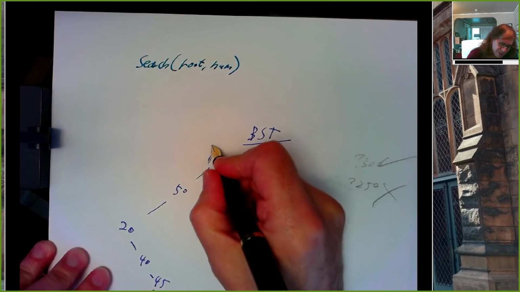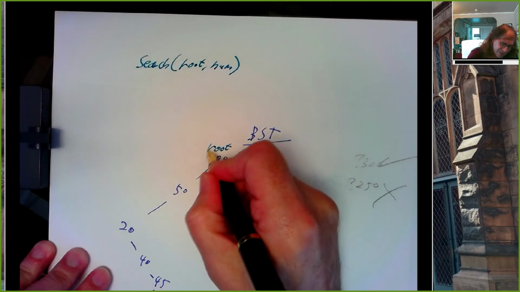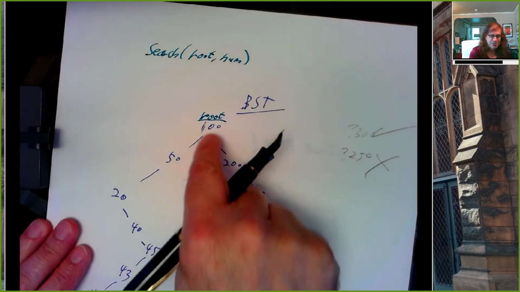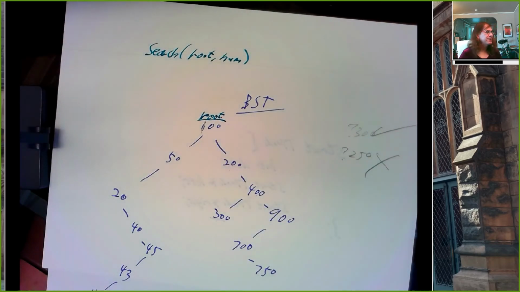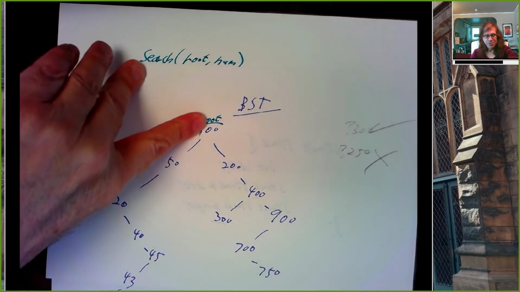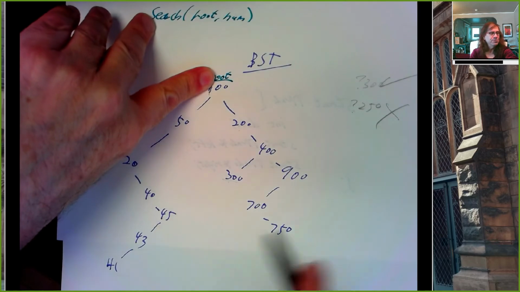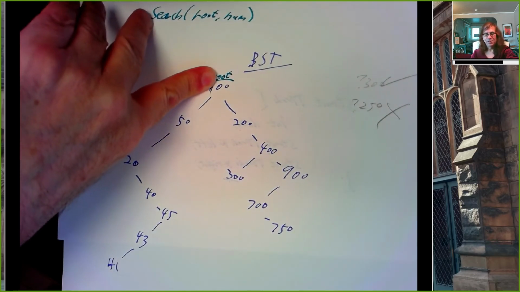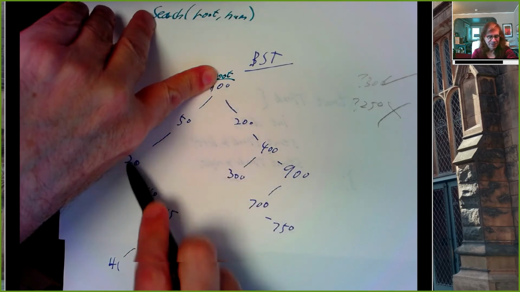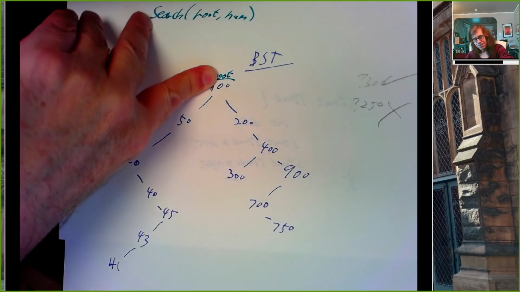The root is the thing that we have that gets us to the tree. It's a pointer to this node, and that's the only thing we have that gives us access to the tree. But it's the only thing we need. If we can get to this node 100, we can get to any of these other nodes. We might have to work to do it, but I can get to this 41. How? By going left, left, right, right, left, left.